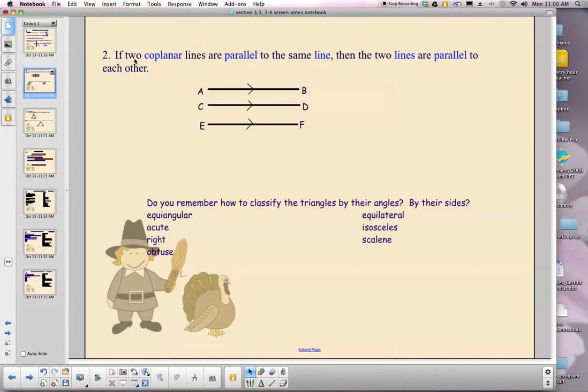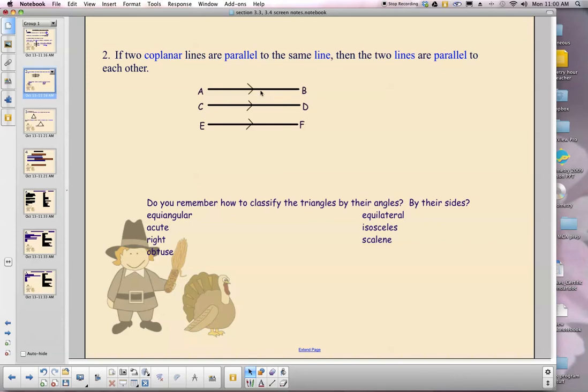The second one we're going to learn has to do with three parallel lines. It says if two coplanar lines are parallel to the same line. Okay, so now we've got AB and EF are both parallel to CD. Notice the arrows tell us that they're parallel. Then the two lines have to be parallel to each other.